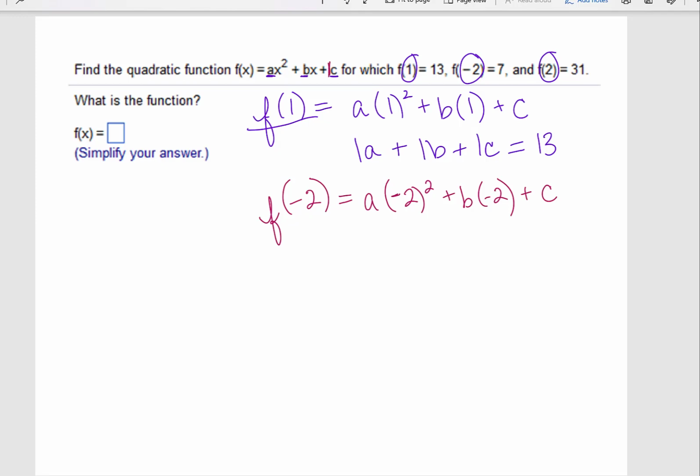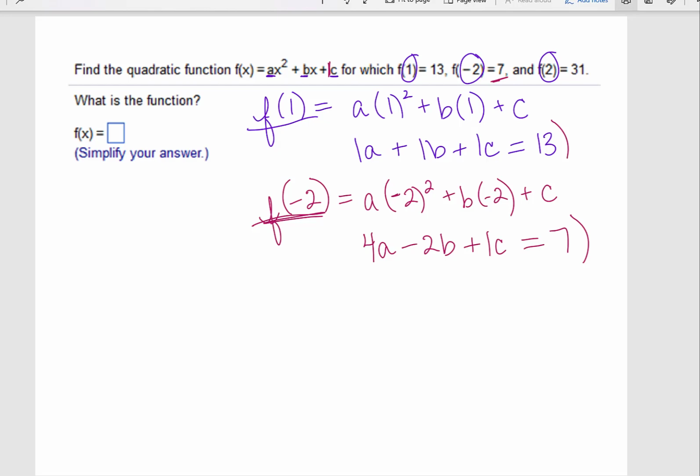That coefficient's going to stay 1. So let's simplify this. So negative 2 squared is 4a, and then b times negative 2 is negative 2b plus just plain old c, right? But there's a 1 there. And we said when we have f of negative 2, we come out to 7. So far, these are our 2 equations in our system.